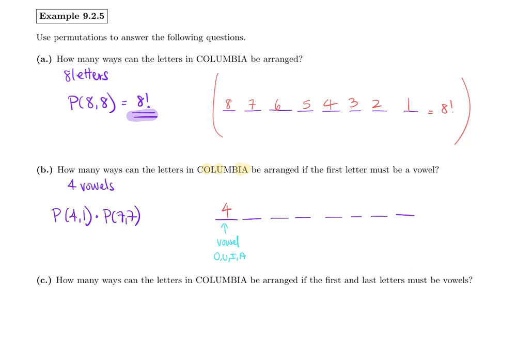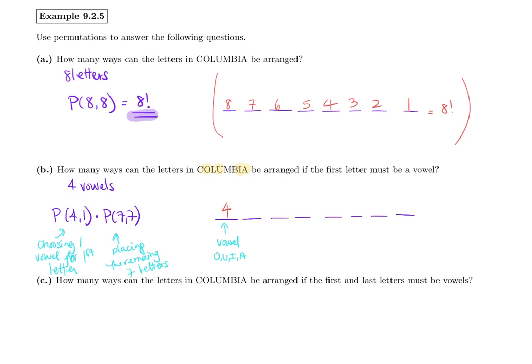So this P of 4 choose 1 is our choosing 1 vowel for the first letter. And the remaining 7, this would be placing the remaining 7 letters.